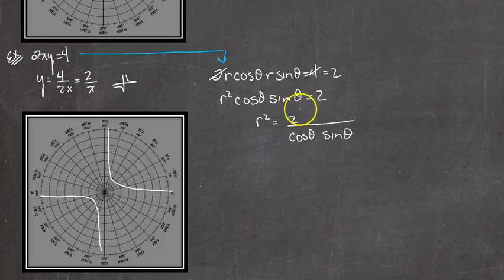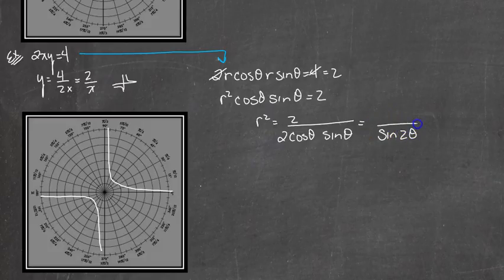And here's the reason for suspecting that I shouldn't have done this cancellation. I can't really do anything with this. I could move cosine and sine up into the numerator, and then I would have r² = 2 secant theta cosecant theta, but I don't have any idea what to do with that. But I can multiply a 2 into the denominator, which would give me 2 cos theta sine theta, which is a double angle identity for sine of 2 theta.